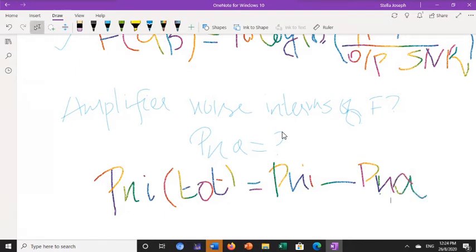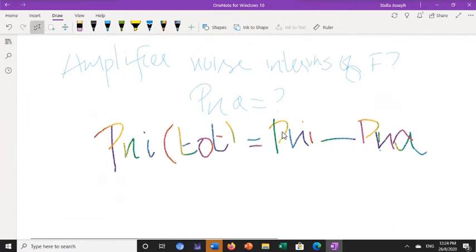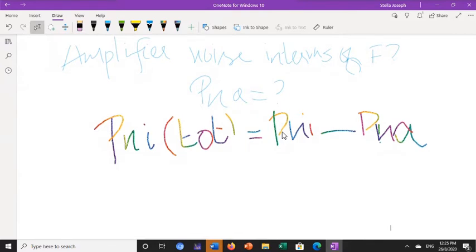That means the total noise power within the resistance, while considering noise as well as the signal input power as well as the resistance present in the circuit, is equal to the input noise power minus the amplified noise power.